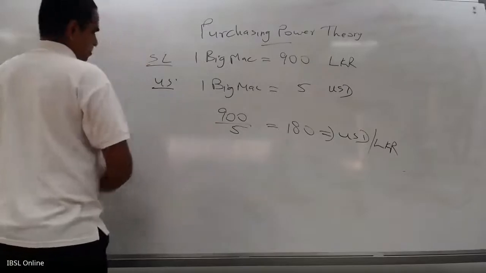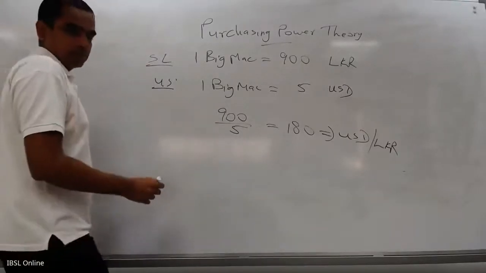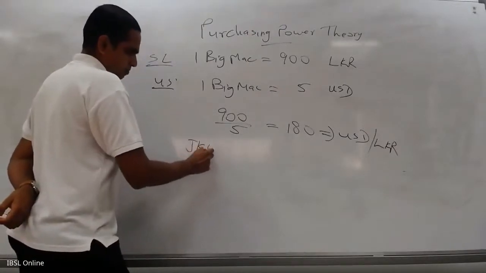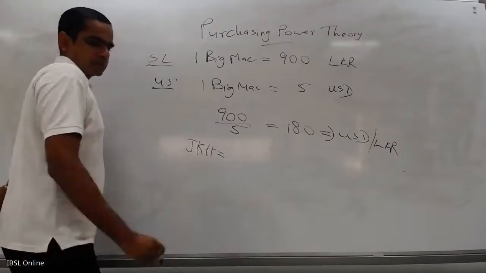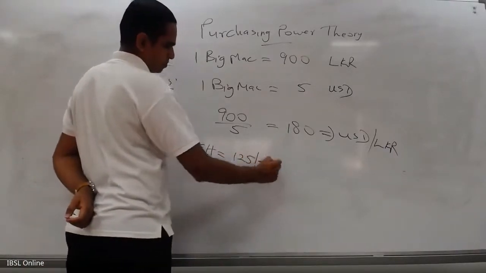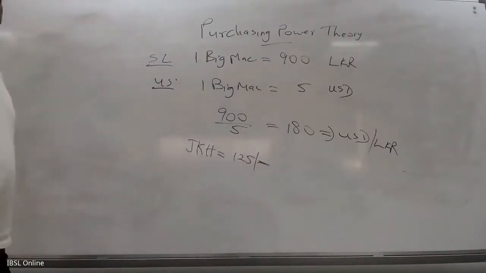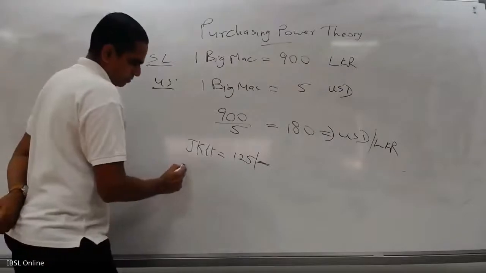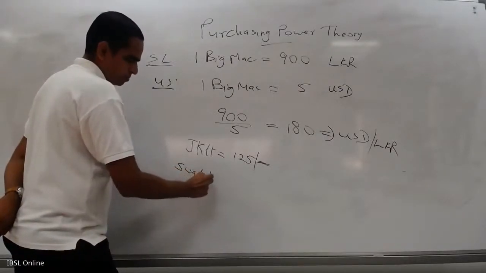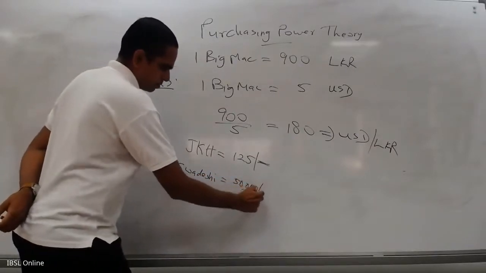For example, you take the stock market, right? The price of John Keells is 125. Then the price of, if I'm not mistaken, Swadeshi is around 50,000, something like that.